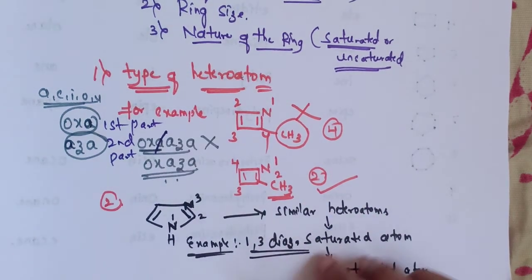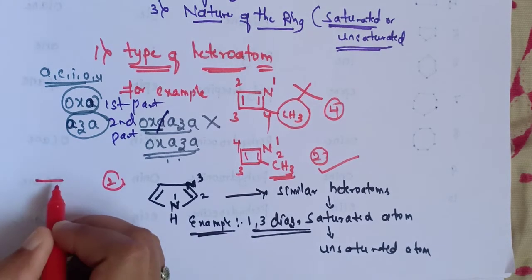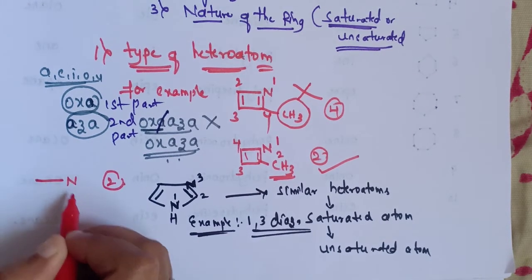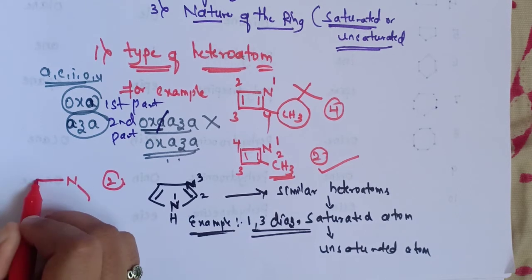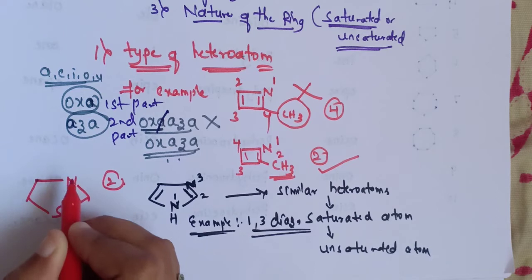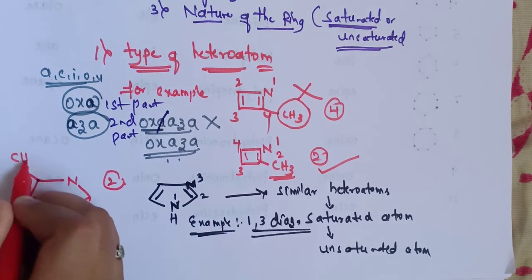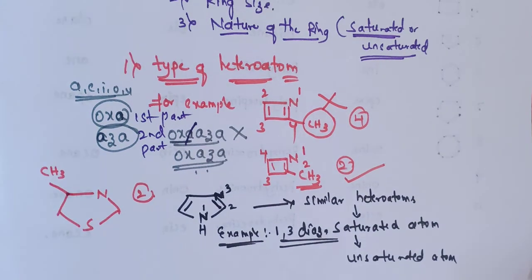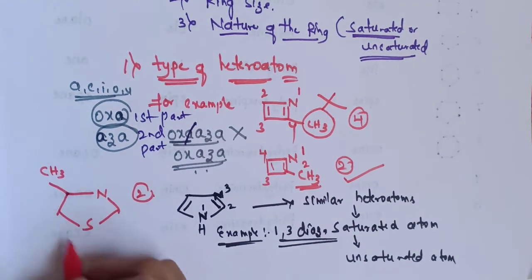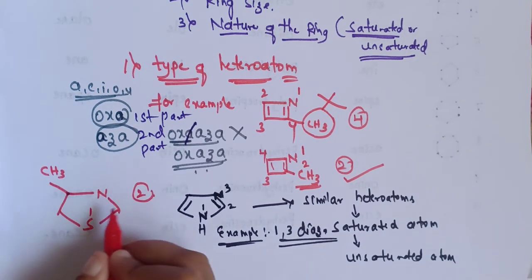Now let's take another example to understand the next point. Here it is sulfur, here it is nitrogen, and let's substitute CH3 here. Now how to name it? Here we know that sulfur has more priority than this nitrogen.